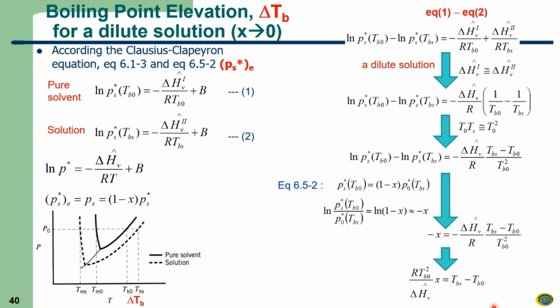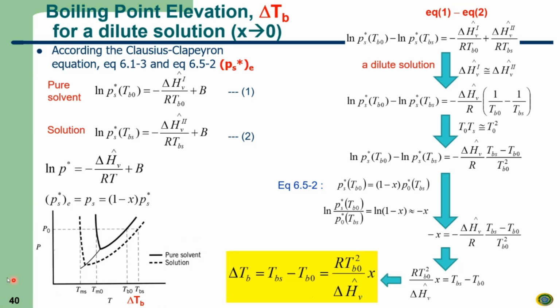Okay, and do you find out something here? Do you find out something here? Yes, you do, because TBS minus TB0 is here, right? That's why we call it delta TB. So again, rearrange. We call this one here delta TB, equal to this one.